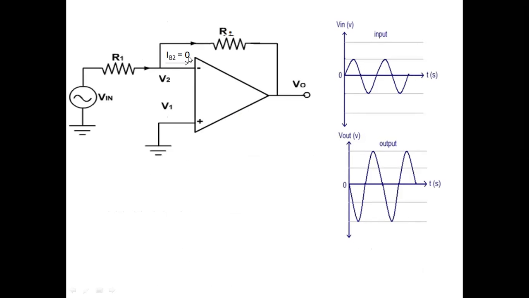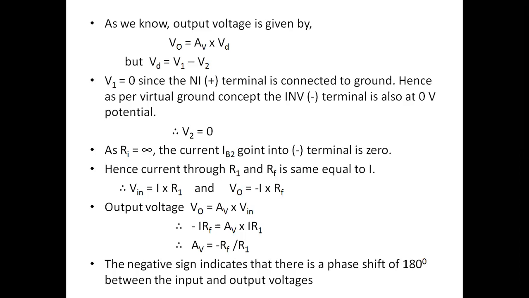Why? Because we are taking infinite input resistance between these two terminals, V1 and V2. So the current will directly flow through this. But here, we are connecting that Rf to the negative terminal, so we can take that as minus Rf into I. And you can take the input current that will be equal to Vin upon R1.